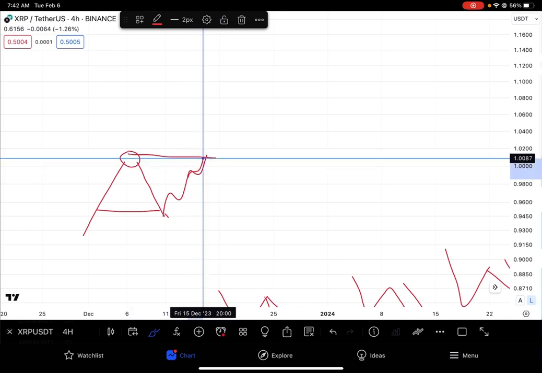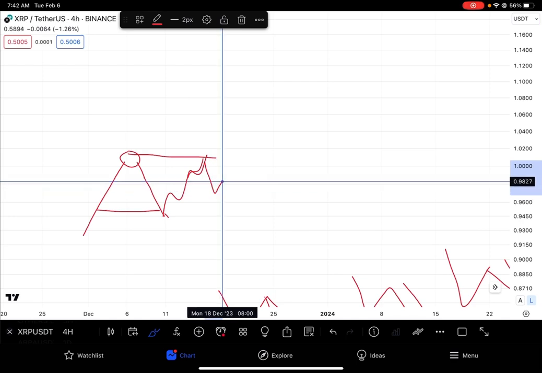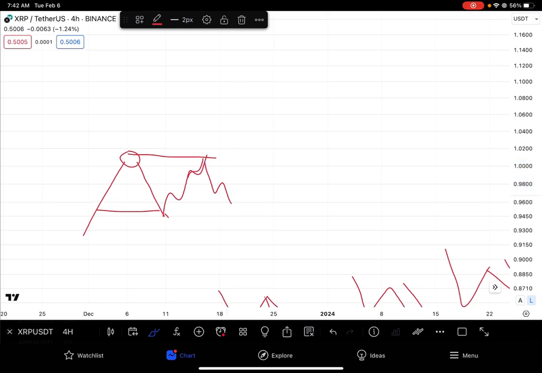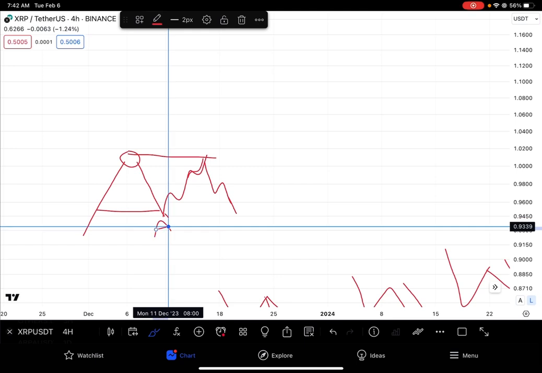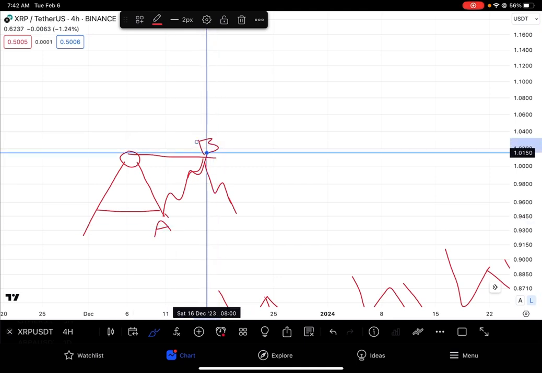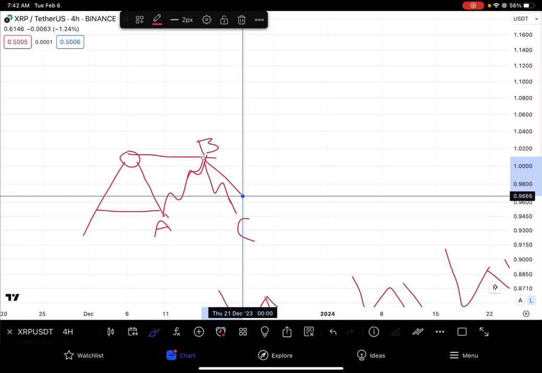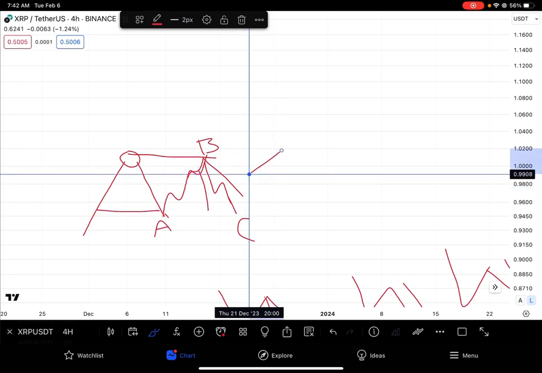So we don't breach the high, and then we come down. And this over here would be your A wave. This is your B wave. And then within this C wave over here, you're going to see the price start to form a broadening wedge or a falling wedge. And what we're going to call this, we're going to call our creek.